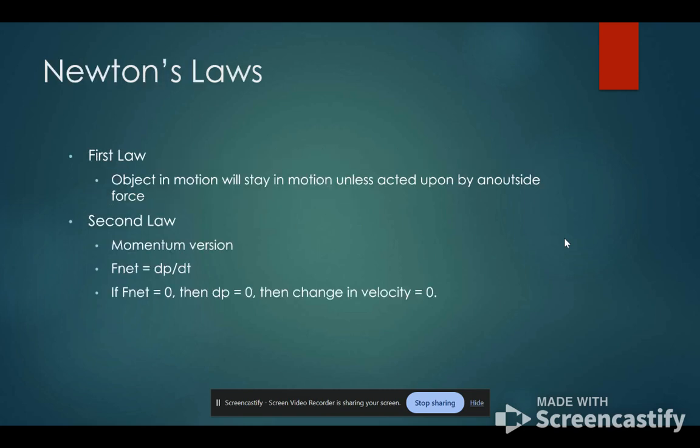In order to make these observations, we need to first know about Newton's law. Newton's first law states that an object in motion will stay in motion unless it is acted upon by an outside force.